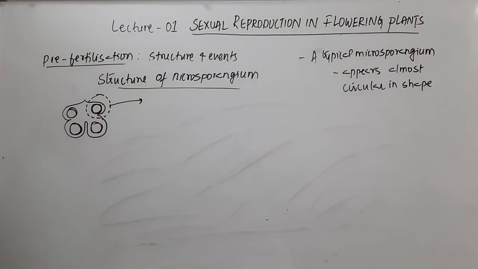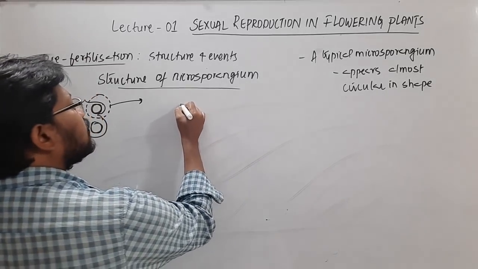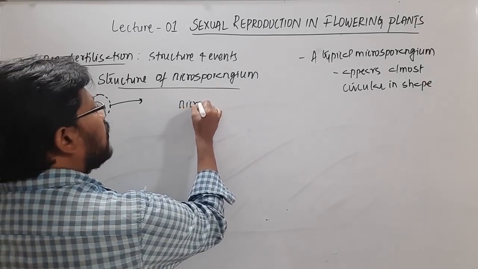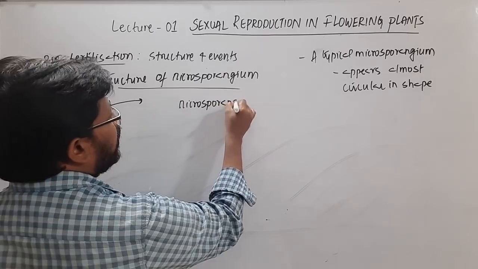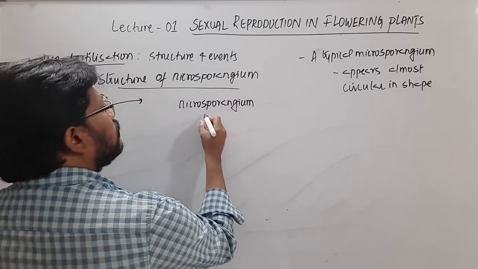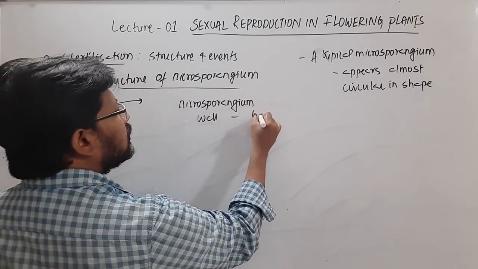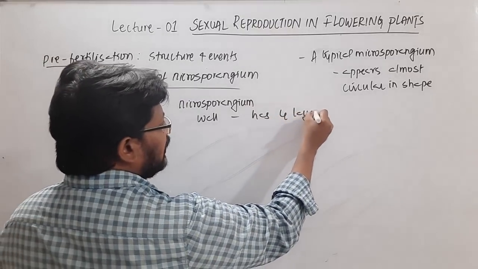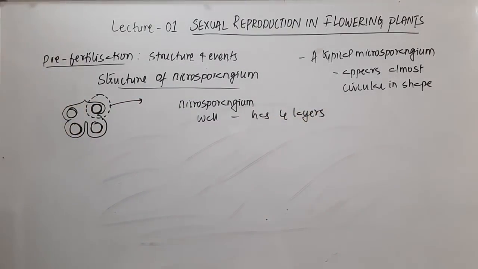And the wall of the microsporangium is surrounded by four wall layers. So the microsporangium wall has four layers.